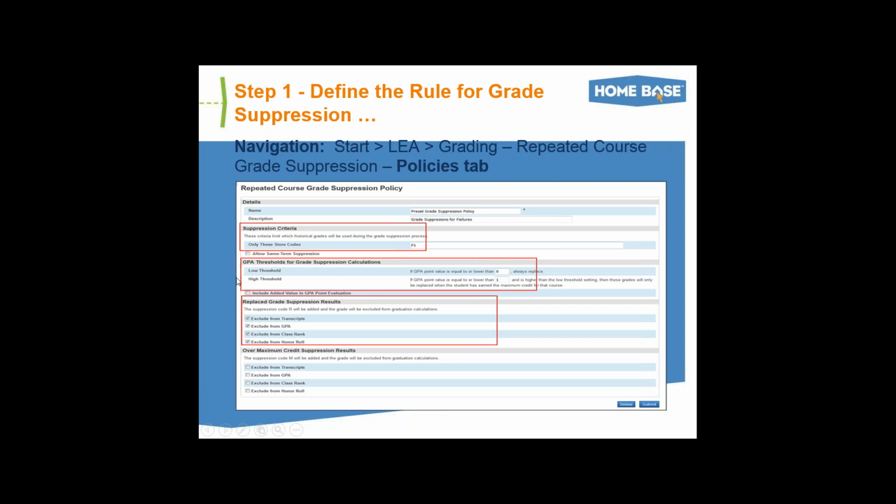We are not going to check this one simply because, as a rule, you are not going to take a course and repeat the course within that same term. You have to fail it in a term and retake it in the next. The GPA threshold for grade suppression calculation: the low threshold must be 0.